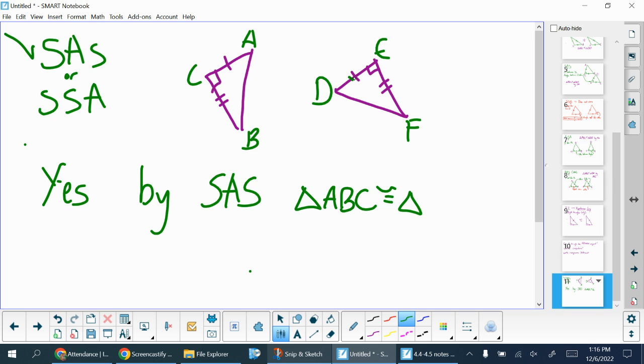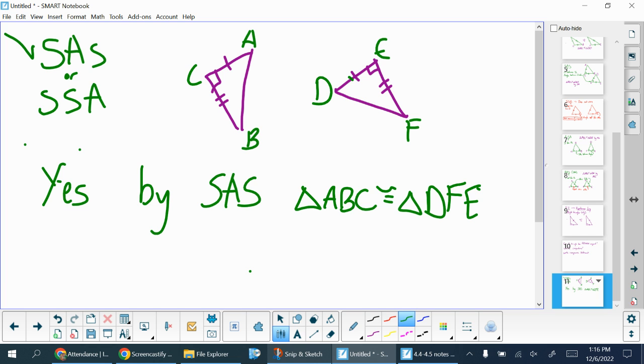Well, here's the one with one congruent mark, and it's attached to D. So D has to go with A. I look at B. B is attached to the side with two congruence marks. Well, so is F. So D, F, and then C is the right angle, so E is the right angle. So C and E go together. So in this case, triangle ABC would be congruent to triangle DFE.